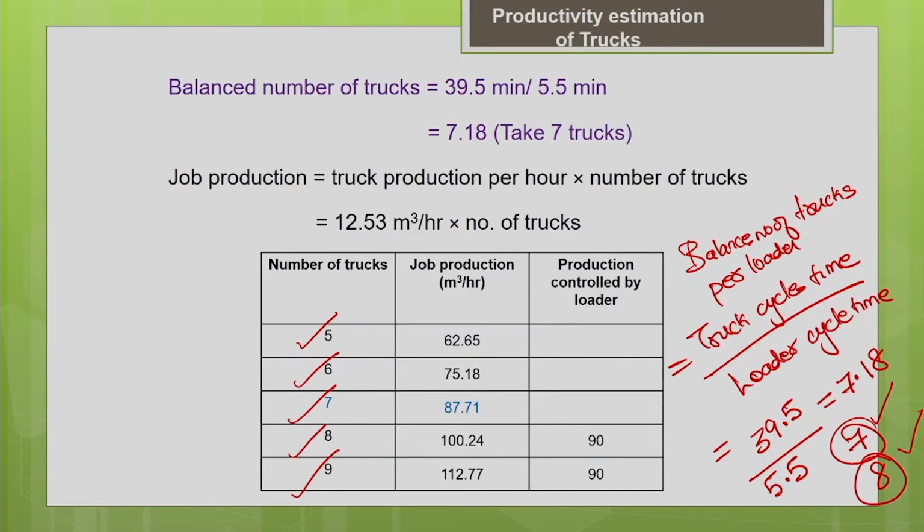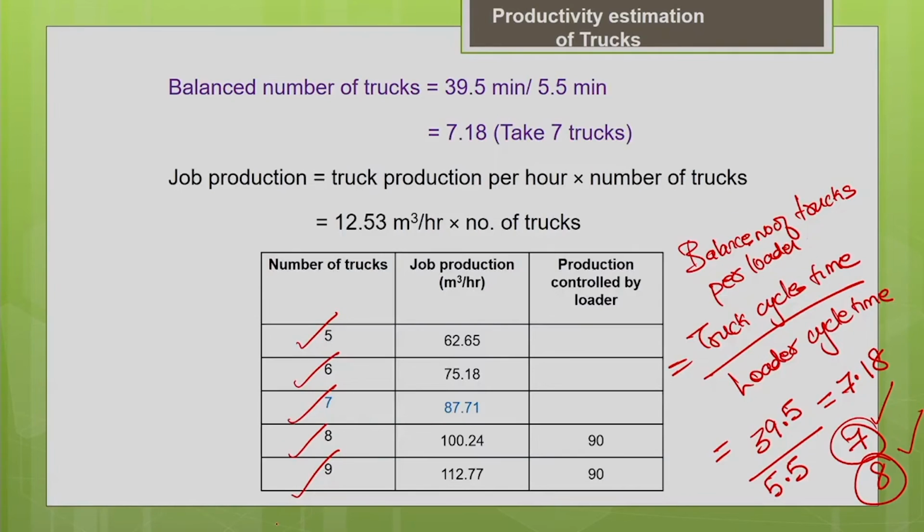We will get a clear picture of the effect of increasing the number of trucks beyond the balance number on the unit production cost. So, we will do an in-depth analysis by working out for all the numbers of trucks.